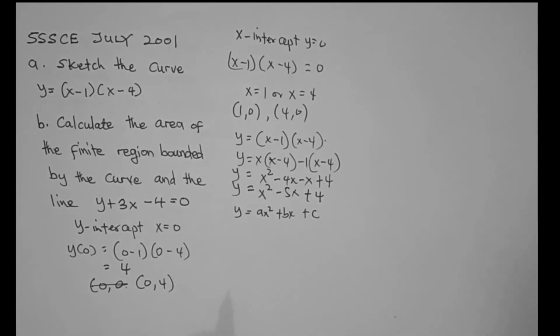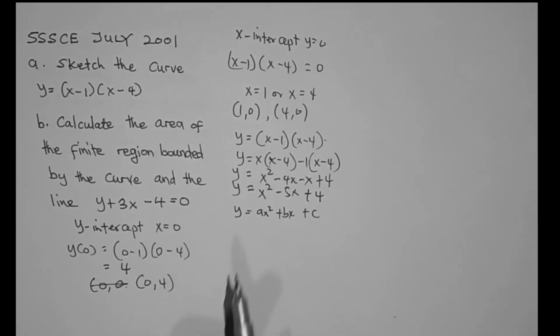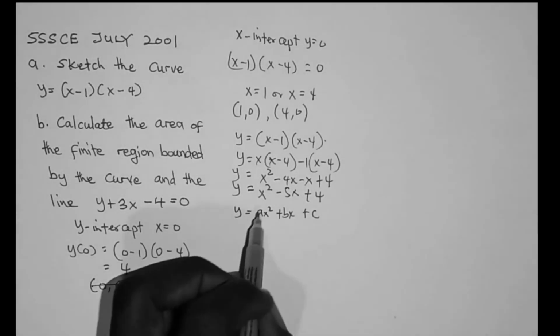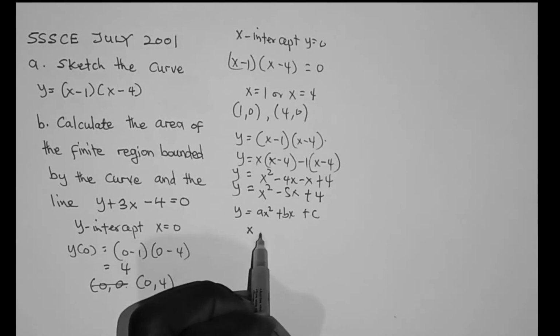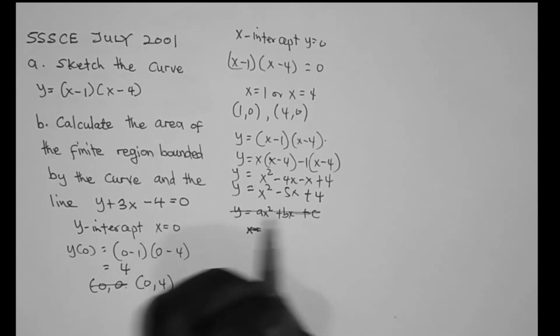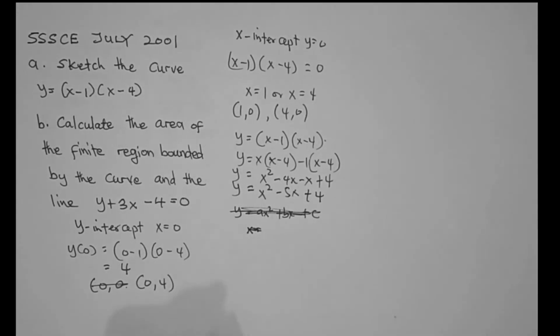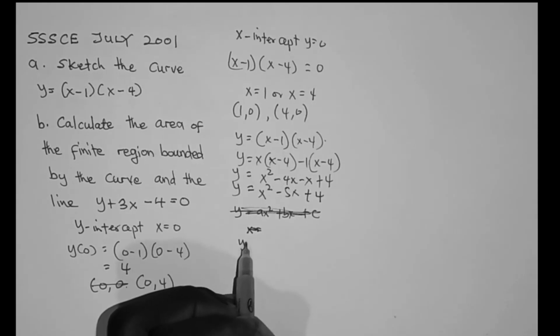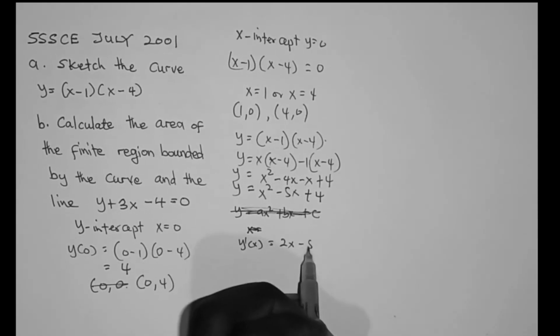So we need to find the minimum point, but first we need to find the x value for which the minimum point occurs. So let's find y prime of x, which is equal to 2x minus 5.